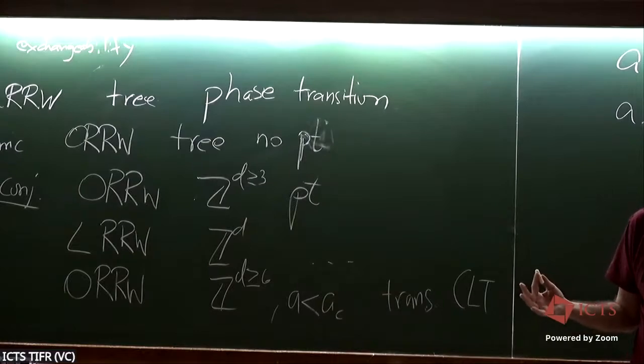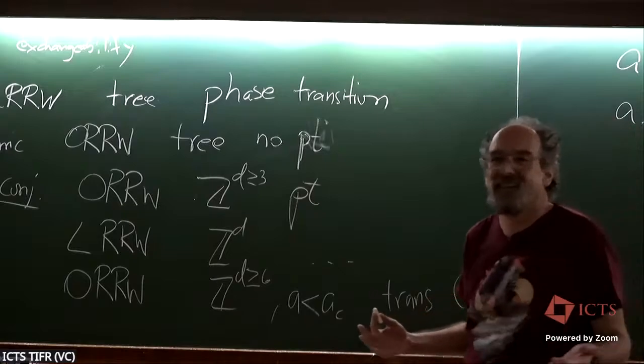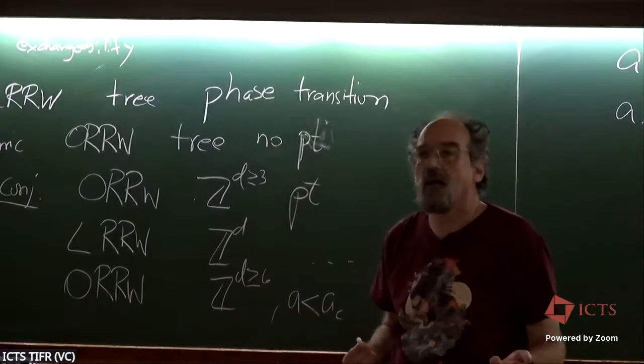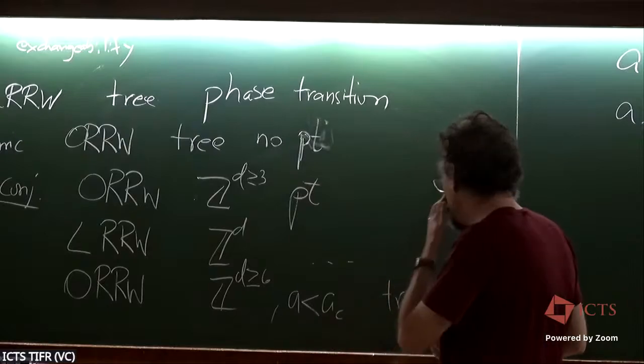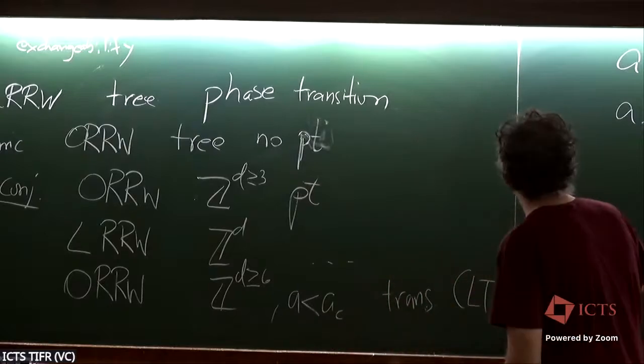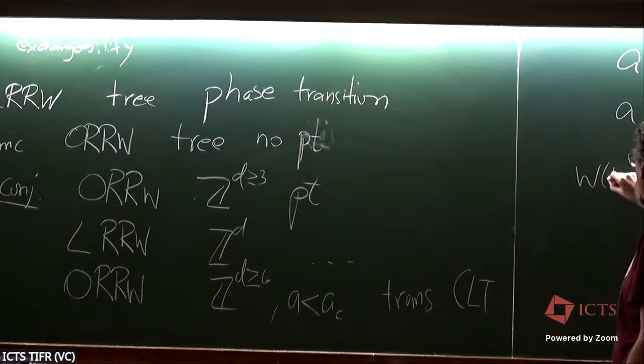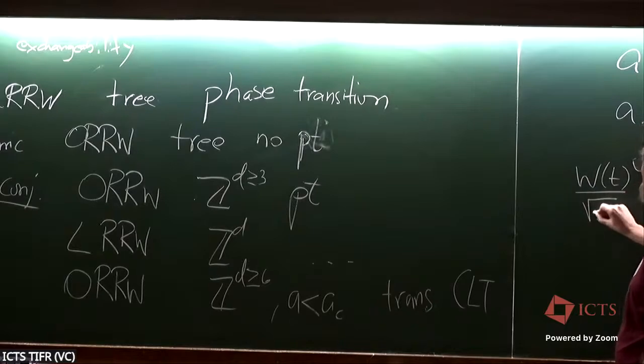So if you want, I can start. Yeah, question. Yeah. In the usual sense that if you look at the process at time t, divide by square root t, then this converges in an appropriate topology, in a Wasserstein topology, I think we can even get it.